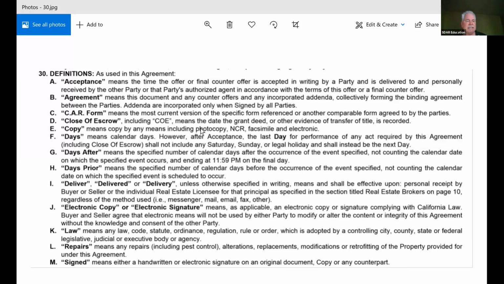Paragraph number G, days after, means the specified number of calendar days after the occurrence of the event specified, not counting the calendar date on which the specified event occurs and ending at 11:59 on the final day. And I think that's going to answer somebody's question in here from earlier. So how do I count my days? If acceptance is Monday, then day 1 is Tuesday, day 2 is Wednesday, day 3 is Thursday, day 4 is Friday.